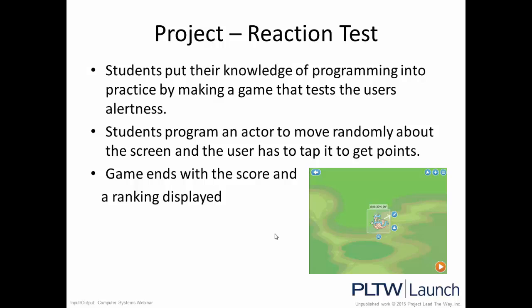And everything is data related because we are going to count the score for this user and display some kind of fun ranking. You're a tortoise if you're really slow, a rabbit if you're in the middle, and a cheetah if you're really fast. They don't really have to stick with those rankings. They can make up any fun ranking system of their own. But that's the gist of it.